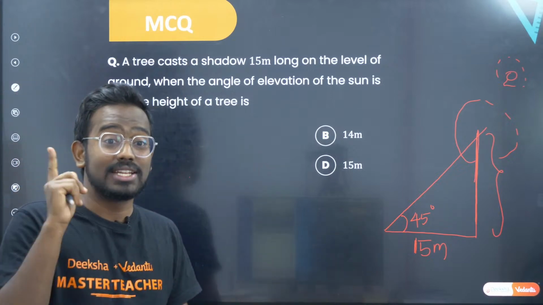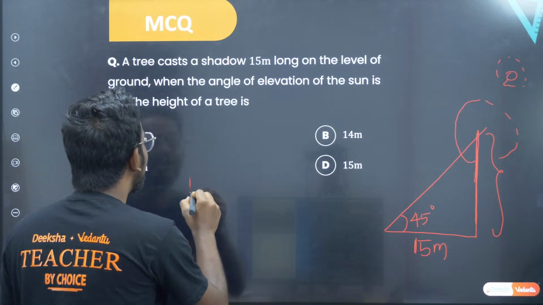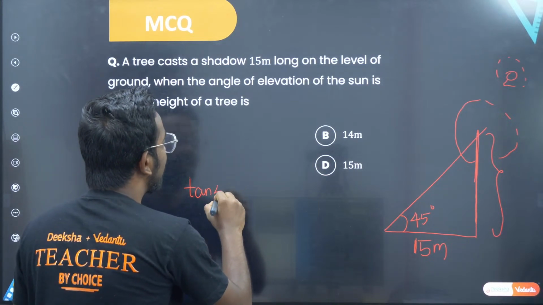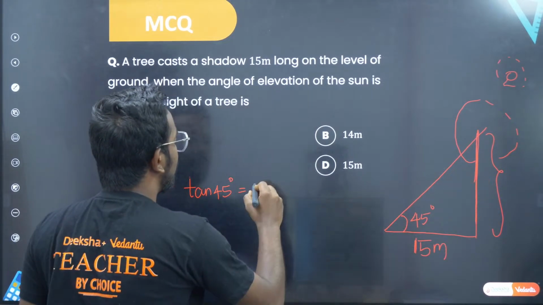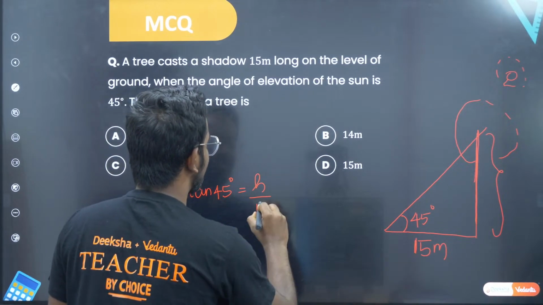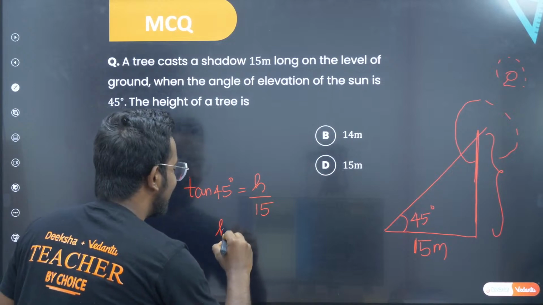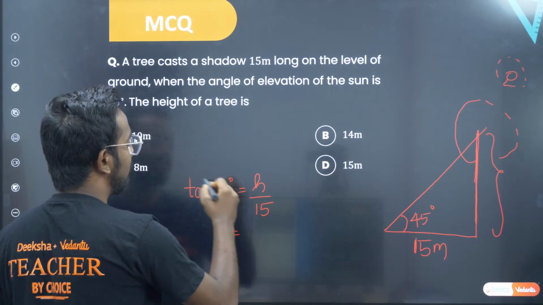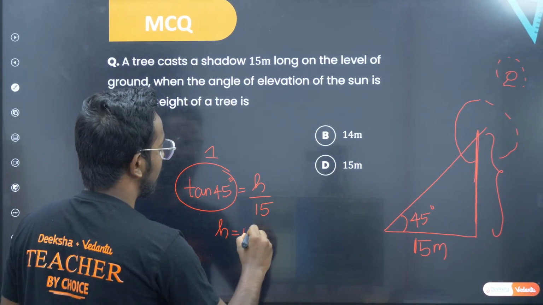So definitely tan. So tan 45 is equal to opposite over adjacent. I'll take the height as h and this as 15. Sir, tan 45 is 1. So therefore my height will be equal to 15 into 1, that will give you 15, sir.